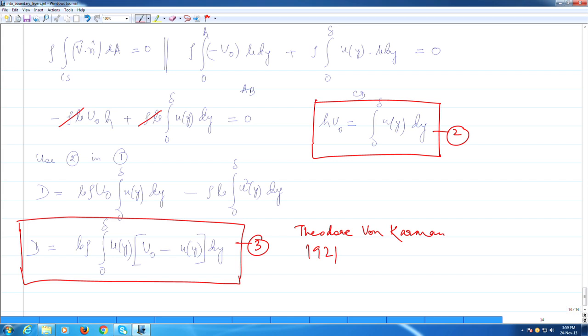So, various things have been proposed. So, for example, if we use this approximate value, this expression, 2y by delta minus y squared by delta squared.